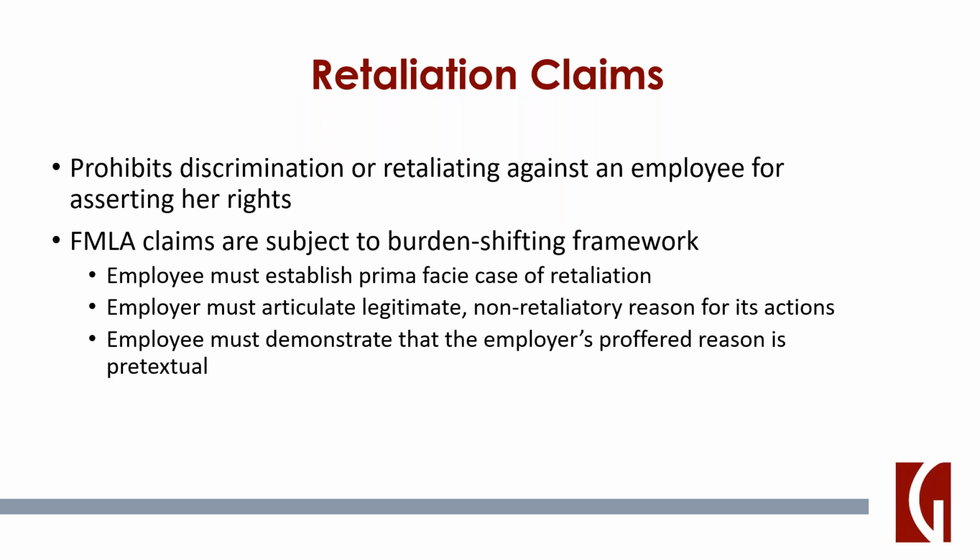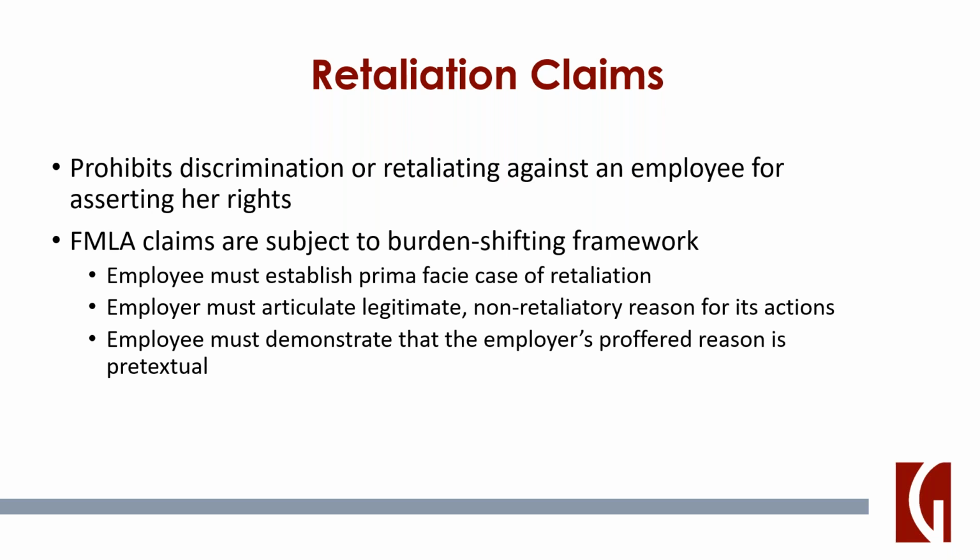So in addition to prohibiting interference with an employee's exercise of their FMLA rights, the FMLA also prohibits any type of discrimination or retaliation against an employee for asserting her FMLA rights. So if you're familiar with some of the other federal civil rights laws as they relate to employment, we often see that there's this burden shifting framework that is applied in any kind of discrimination, harassment, or retaliation case, and FMLA really isn't any different.